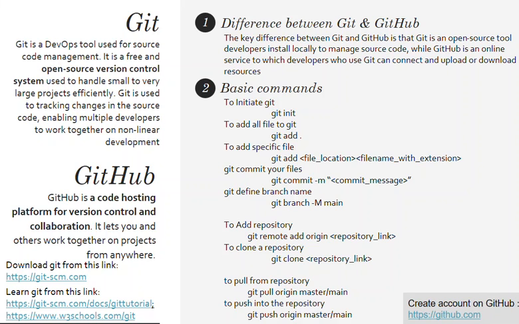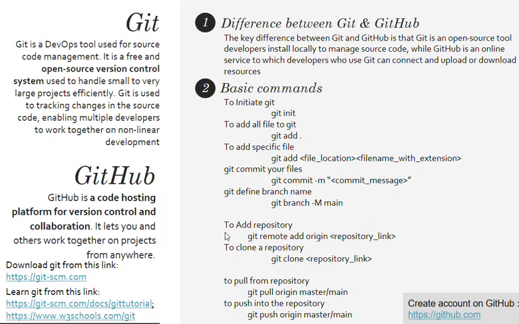So whatever changes I make in a project, if I commit the project, it will take a version from here, and I can go back to my versions at any time. So this is actually Git, and GitHub is the hosting platform where I can host my source code, and it lets us and others work together from anywhere.